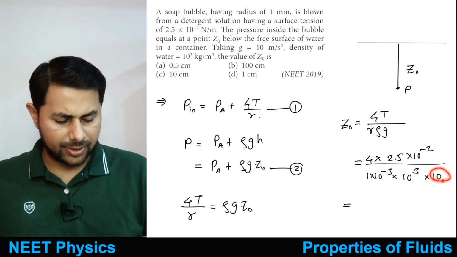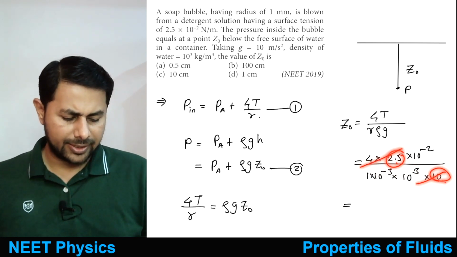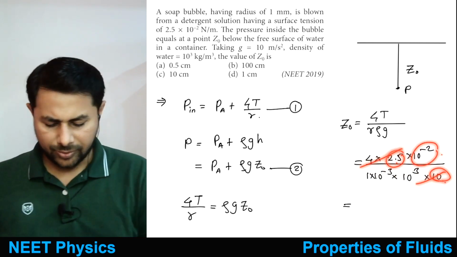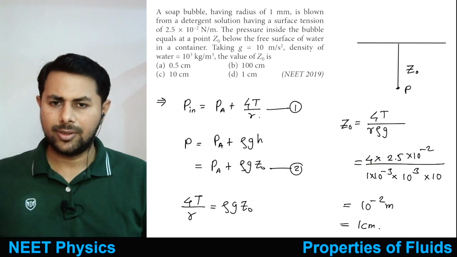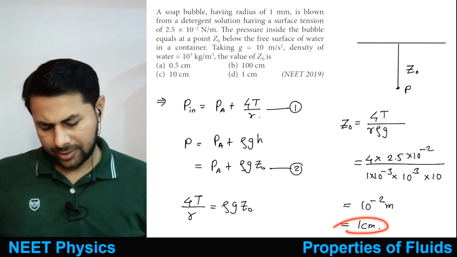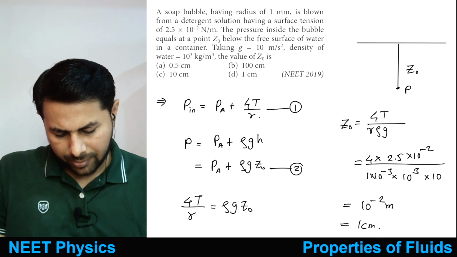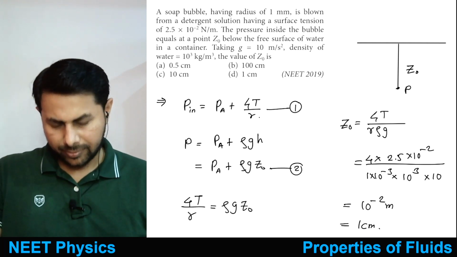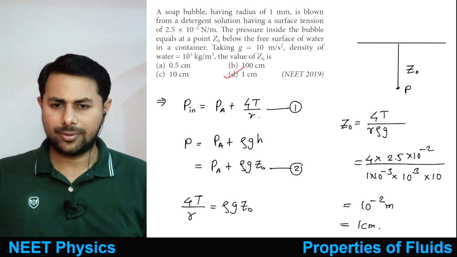Then 4 times 2.5 is 10, 10, 10 gets cancelled, 10 raised to minus 2. So 10 raised to minus 2 meters means 1 centimeter. Okay, is it correct? Check my calculation. Yes, no? Alright, so then it is option D, right?